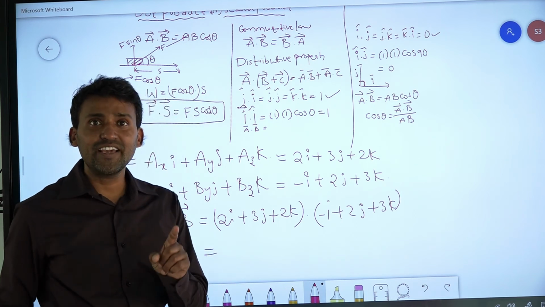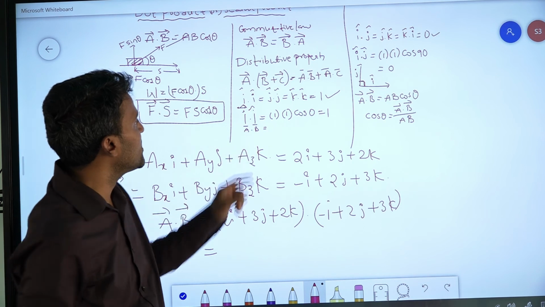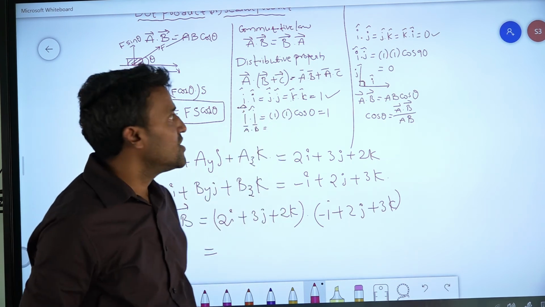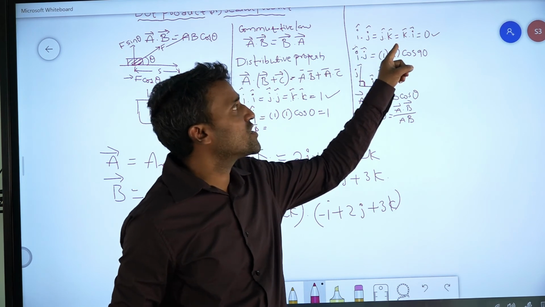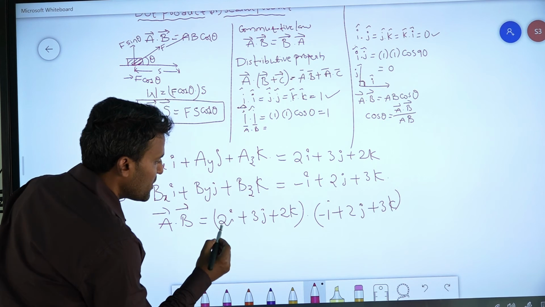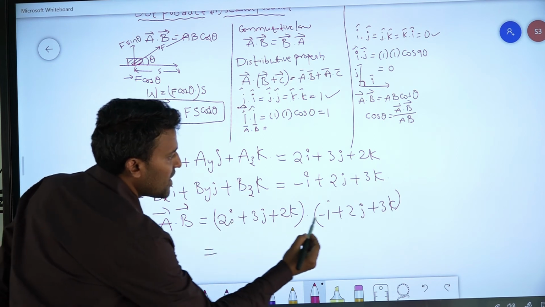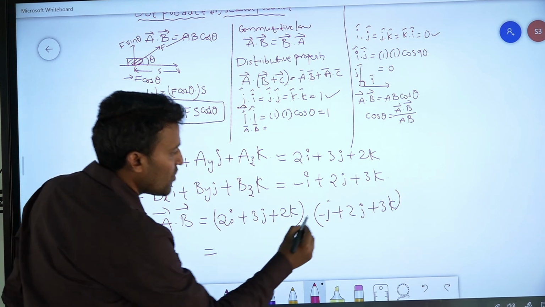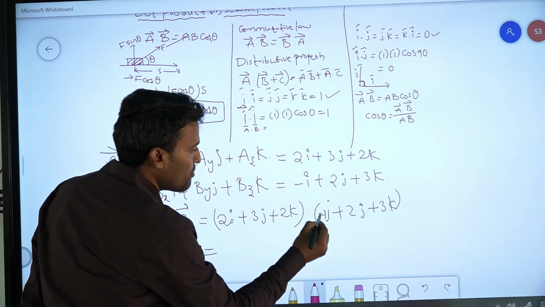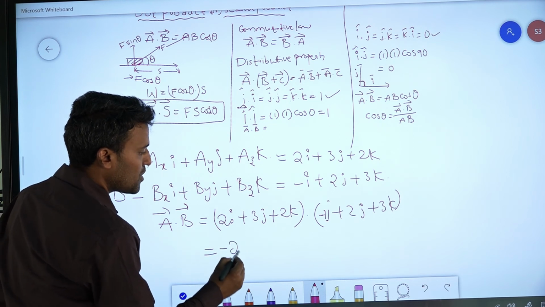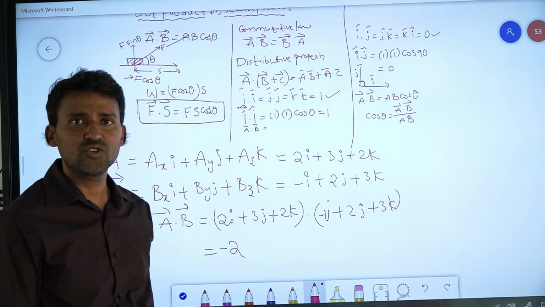I told you already, i dot i, j dot j, k dot k is equal to 1, but the rest, i dot j, j dot k, k dot i, are equal to 0. So i dot i is 1, minus 1 into 2 means how much? Minus 2.